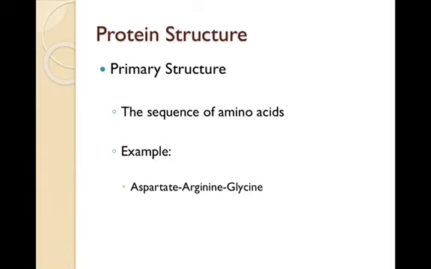When we talk about protein structure, there are 4 levels of protein structure. There's the primary structure of protein, which is the simplest way to describe a protein, and that's simply just the sequence of amino acids. I'm not going to expect you to memorize all the amino acids, but an example of the sequence of amino acids would be aspartate, arginine, glycine.